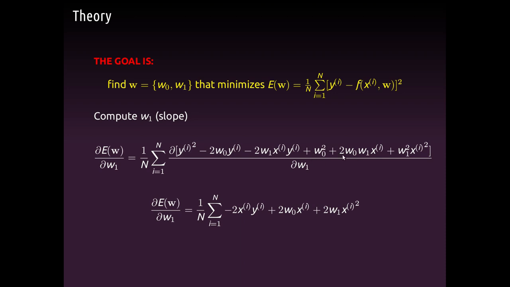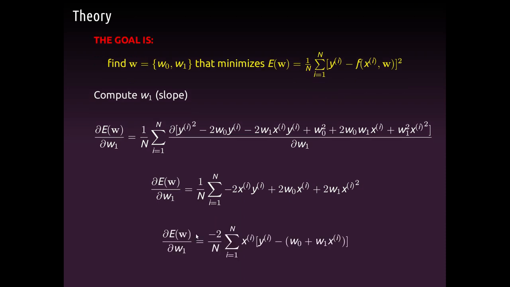This term will be deleted, this term will be plus 2 w0 x super i, and the last term will be plus 2 w1 x super i squared. Again, we have a simpler formula for the derivative, and we will send the 2 outside the sigma sign again, and we will have this simpler formula for the derivative.